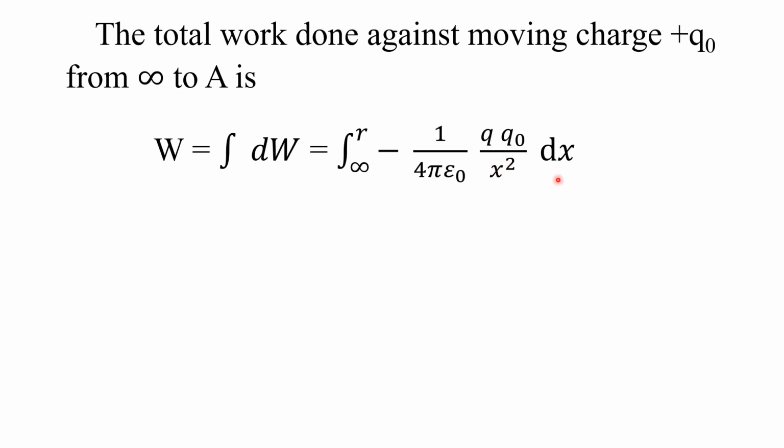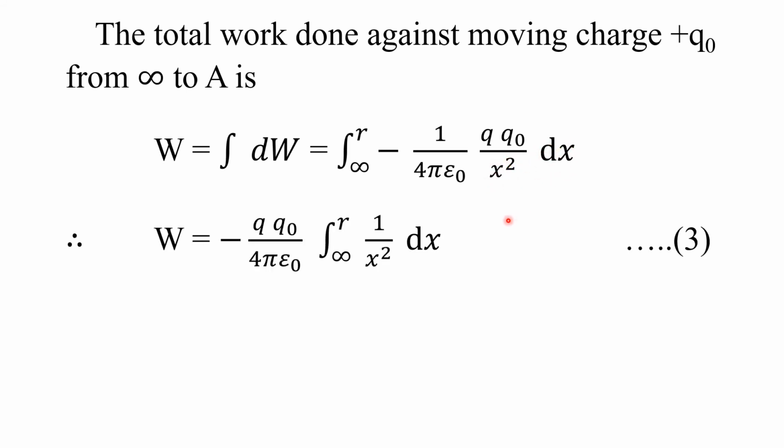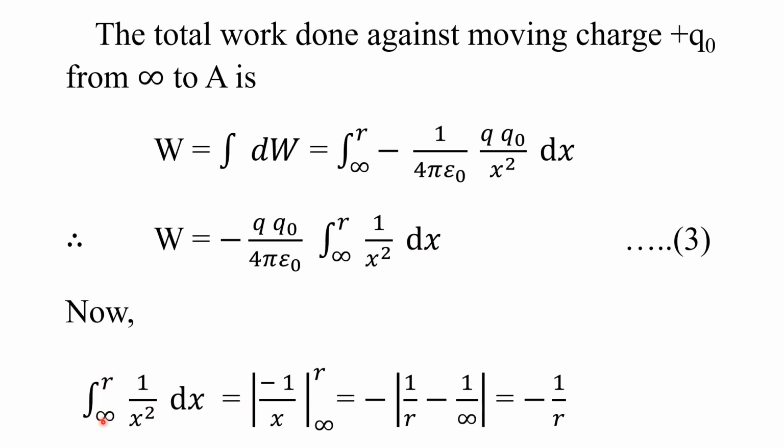The only variable quantities are x and dx, so W is equal to minus q0 Q upon 4 pi epsilon 0 integration from infinity to r of 1 upon x square dx, equation number 3. The integration of 1 upon x square is minus 1 upon x. Putting the final limit r and the initial limit infinity, 1 upon infinity is 0, so we get minus 1 upon r. So the answer of this integration is minus 1 upon r.